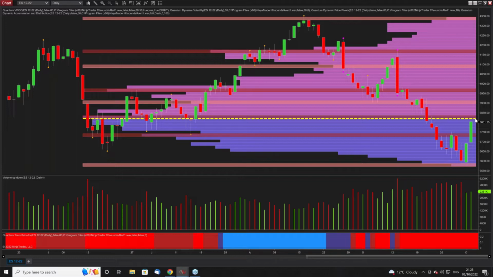The principles are exactly the same from a volume perspective. So when you're looking at the VPOC and the concentration of volume, it therefore follows that when price gets to these very heavy regions, of which the volume point of control itself is the most dense, then you expect the price action to congest at that point.